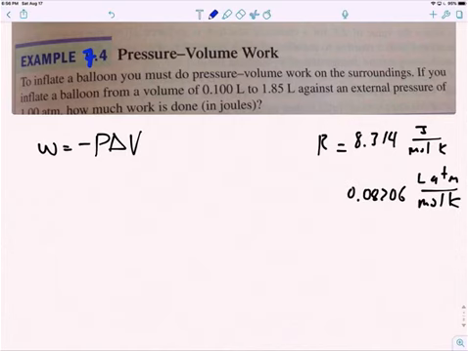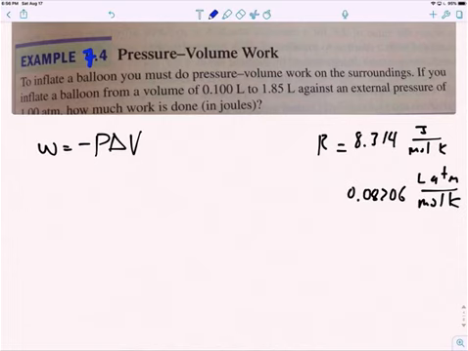So let's see here. The work is P delta V, and it's kind of hard to say what the direction of the energy flow is. The work is done on the surroundings, so that means it's leaving the system.